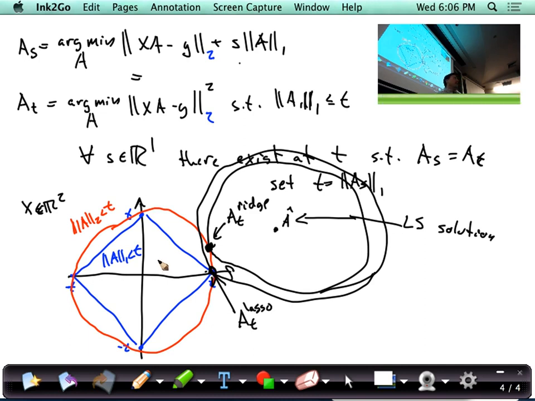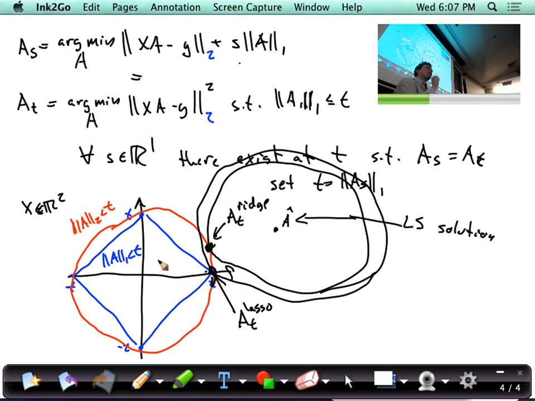Okay, and so when we're looking at this L1 ball in higher dimensions, it's harder to think about this, but it's going to come out in the other direction from the board as well and have more corners. So if I wind up on one of these vertices, that means all of my coordinates except for one of them are going to be 0.